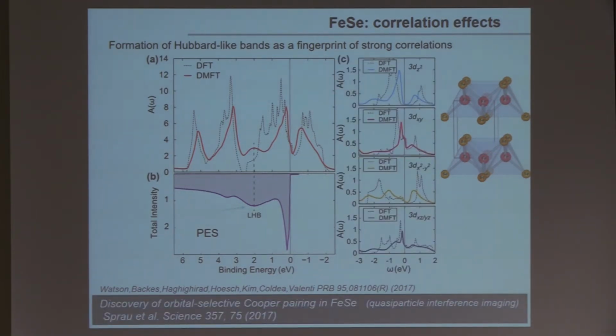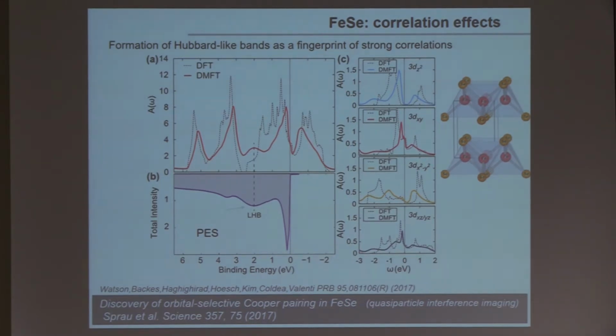And what is, of course, interesting here, again, is that the contribution to these incoherent weights is different for different orbitals. One can analyze that in terms of the calculations, but also by doing different polarized ARPES experiments where we could follow this transfer of spectral weight for the different orbitals.